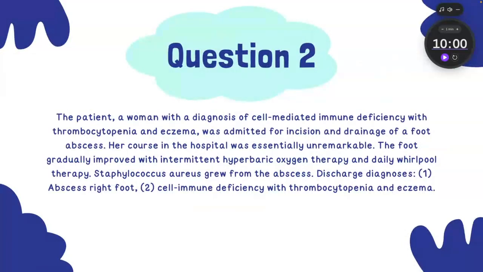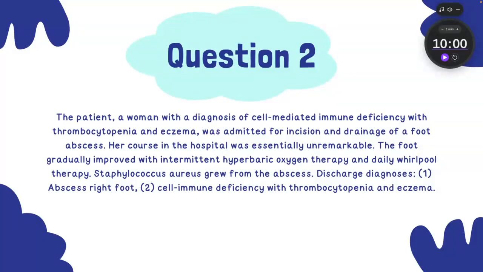All right, so our next patient, the woman with the diagnosis of cell-mediated immune deficiency with thrombocytopenia and eczema, was admitted for incision and drainage of a foot abscess. Her course in the hospital was essentially unremarkable.